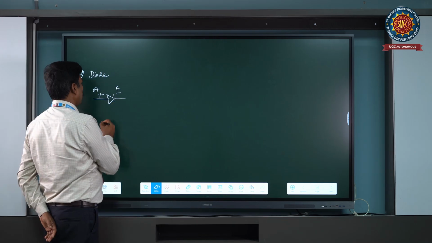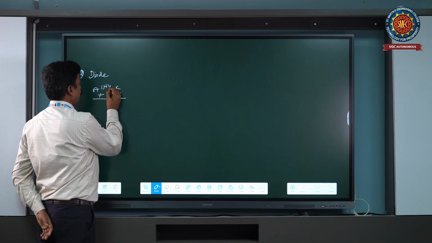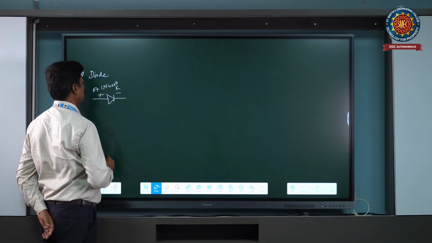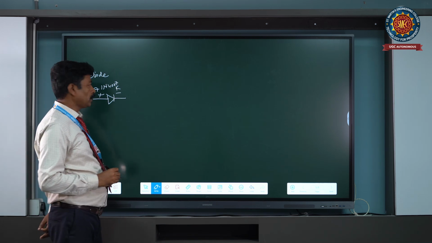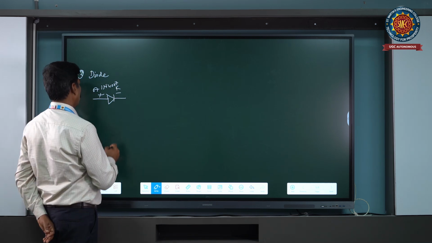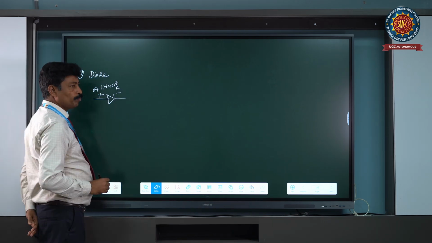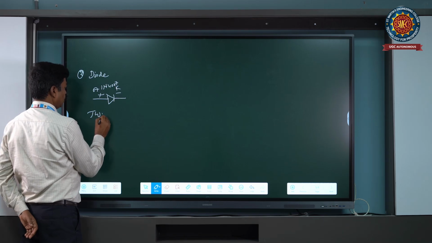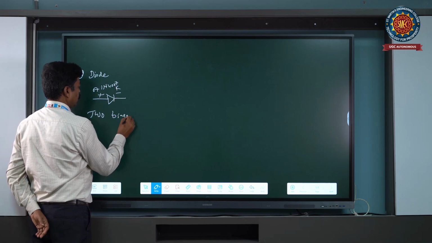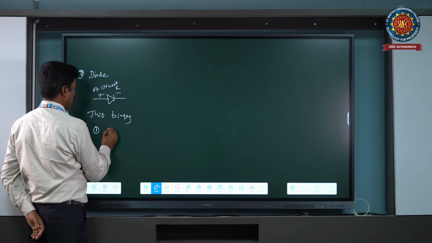What is the number of the diode? The diode number is IN4007. The diode is connected in two biases.